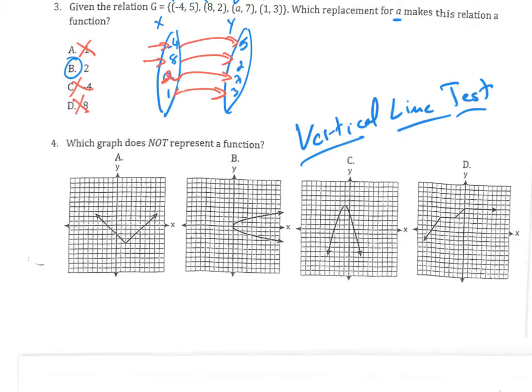So the vertical line test tells us whether the graph represents a function or not. For example, if I choose A here, as we can see, it intersects the graph in 1 point only. So that's a function. We have no problem.